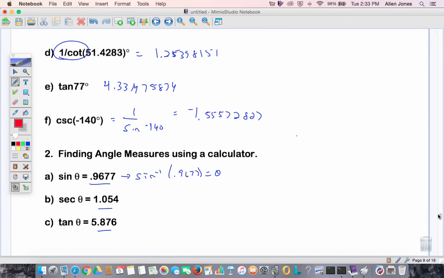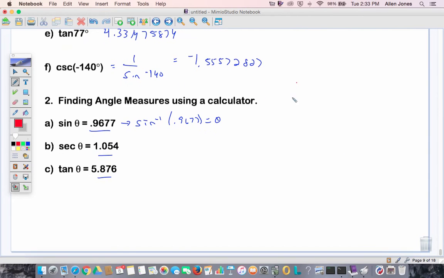When we have inverses, or we're converting ratios to angles, our conversions are a little bit different. So if I have inverse cosecant of a value or a ratio, we type that in as the inverse sine of 1 divided by whatever that value is. Or the inverse secant of a ratio equals the inverse cosine of 1 divided by x.